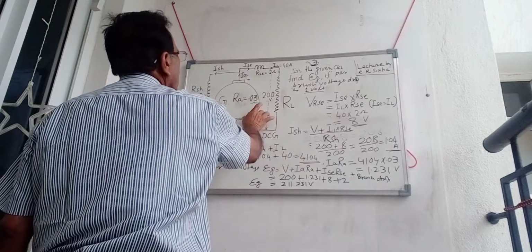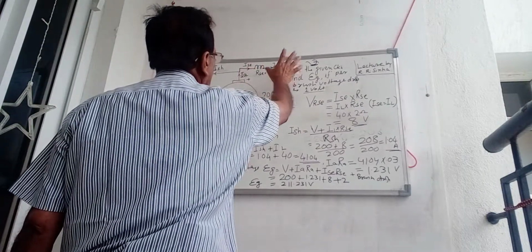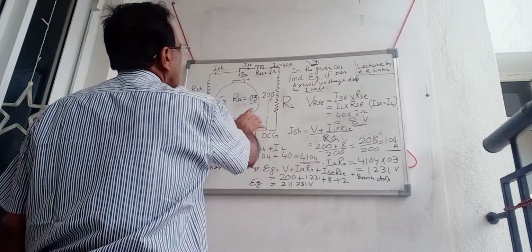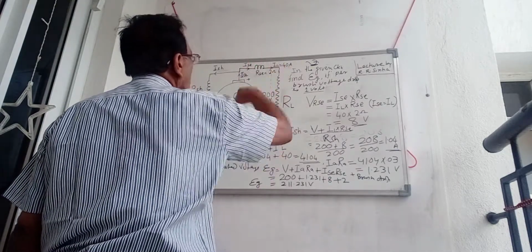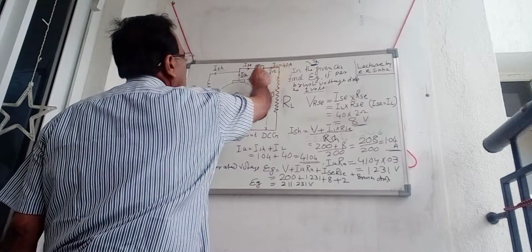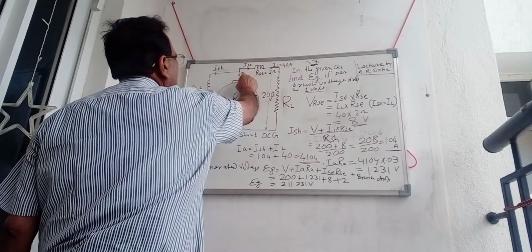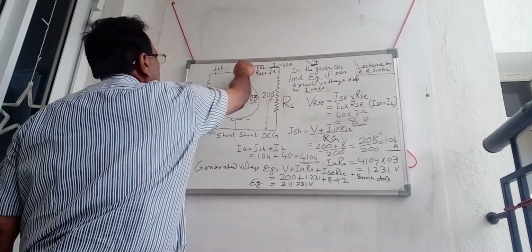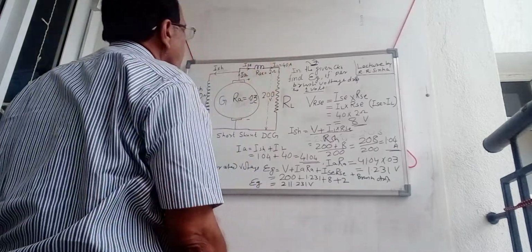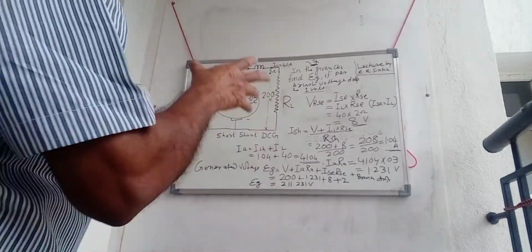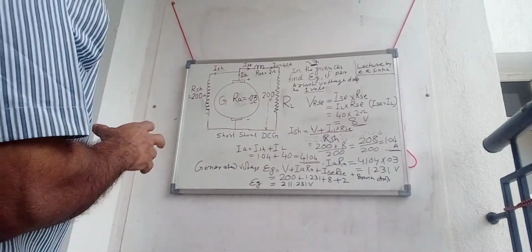In the short shunt, ISE and IL are equal. In the short shunt compound generator, series current and load current are equal. But in long shunt, these both will not be equal. Armature current and series current will be equal. This will be equal and this will be different. So this is the difference between the long shunt and short shunt DC generator.